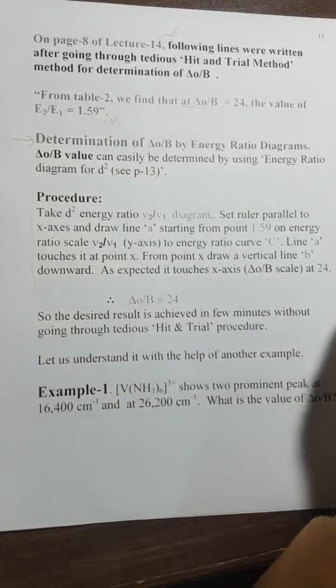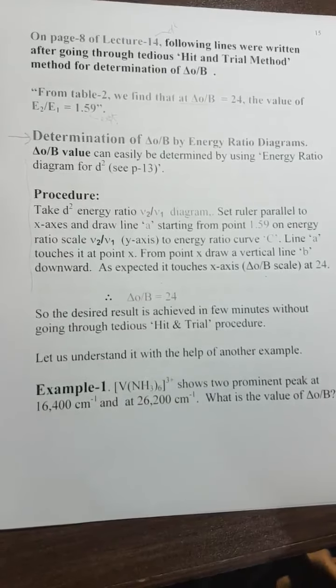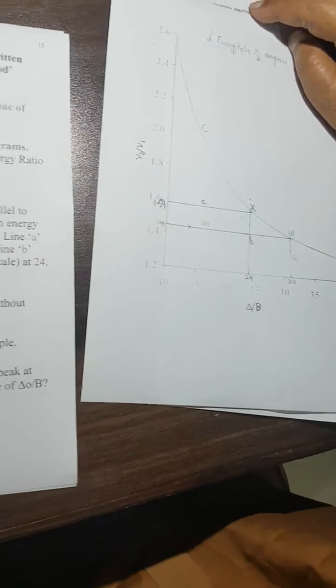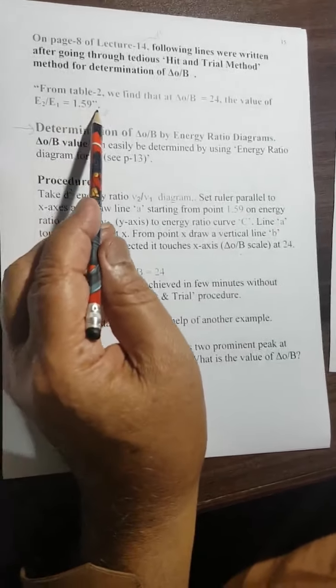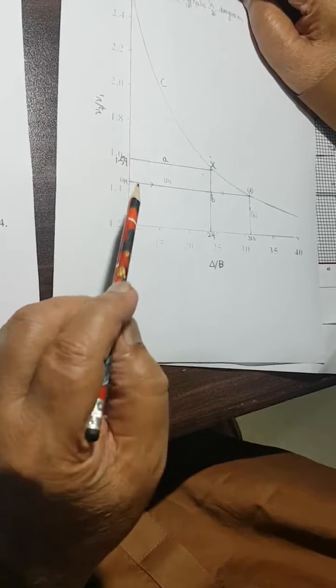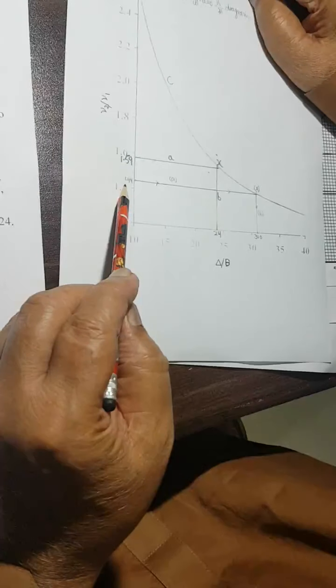So here is the energy ratio diagram. See, this is D2, not D3 or D4. I have taken that, and it says experimental value is 1.59. This is 1.6. This is 1.4.